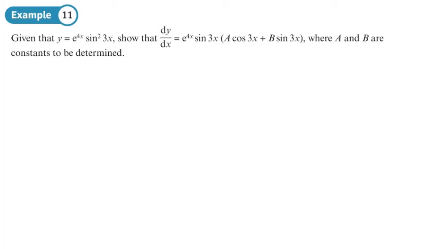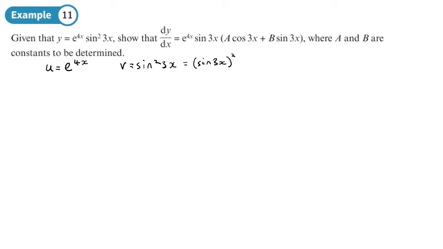So here my u is going to be e to the 4x. My v is going to be sine squared 3x. Now I want that in a form I can differentiate, so I'm going to write it like this: sine 3x all squared.